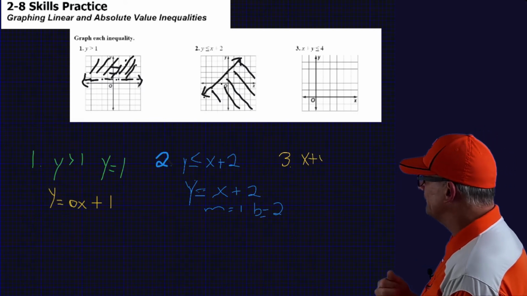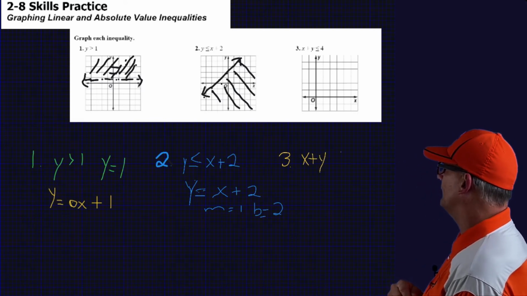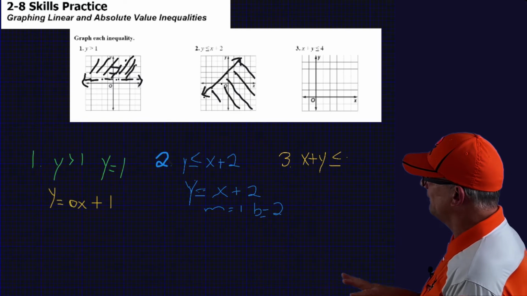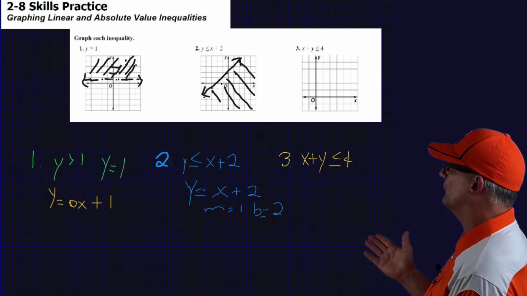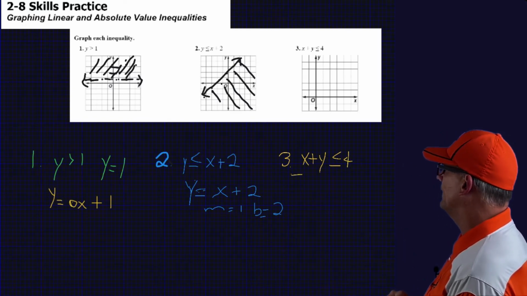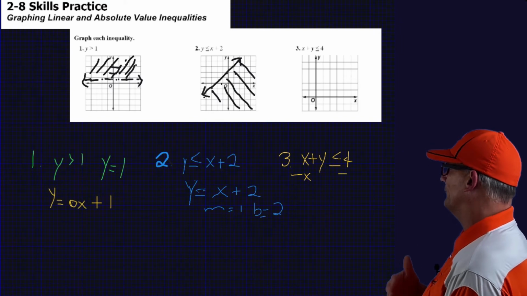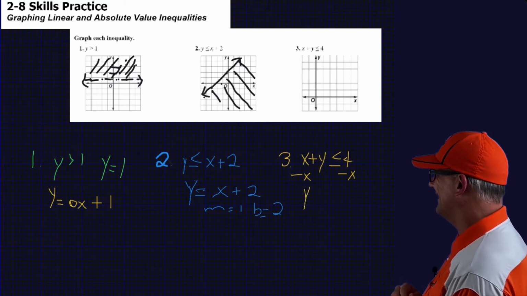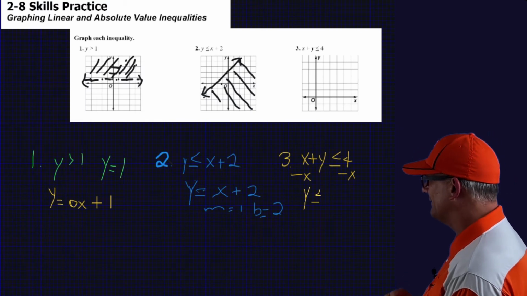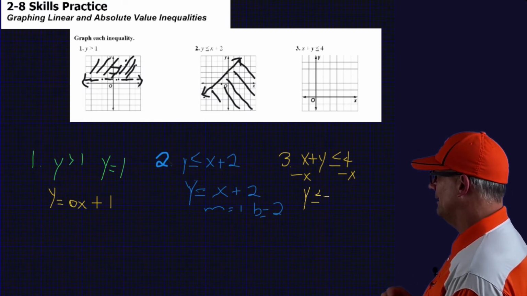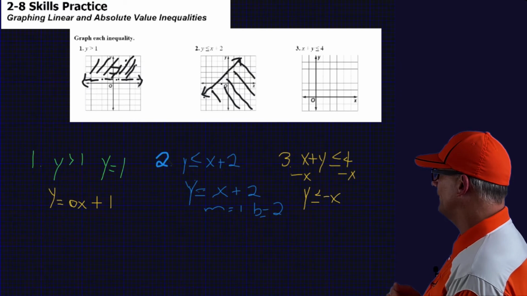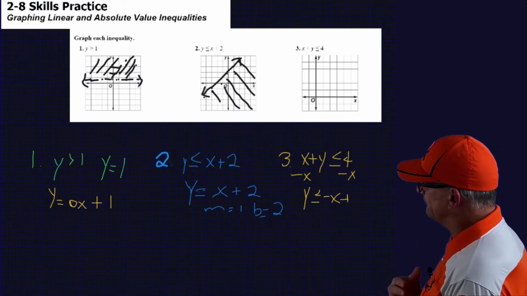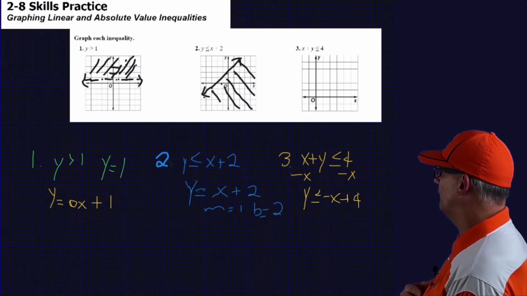Number 3, x plus y less than or equal to 4. Before we can graph this, what do we have to do? We have to transform it into slope-intercept form. To do that, we're going to subtract x from both sides. We have y less than or equal to negative x plus 4. So our y-intercept is positive 4, and our slope is negative 1. So let's put a dot at positive 4.